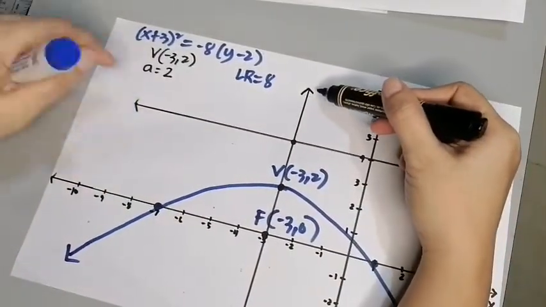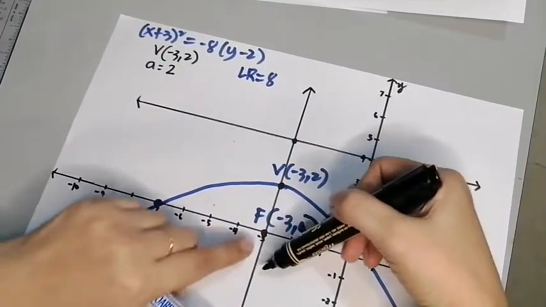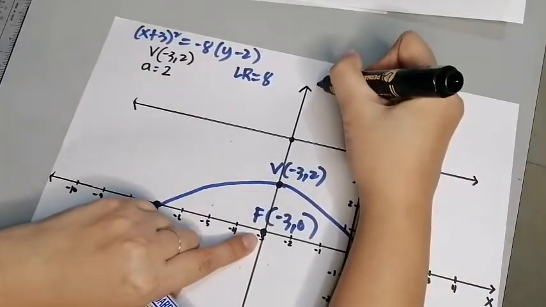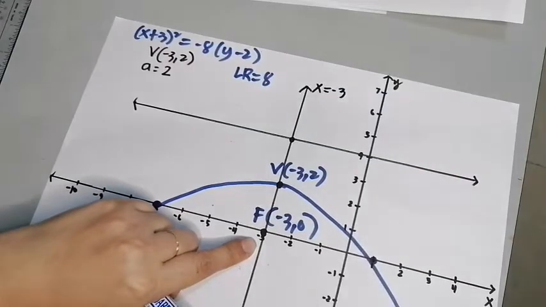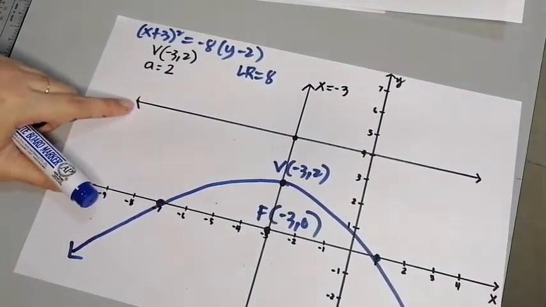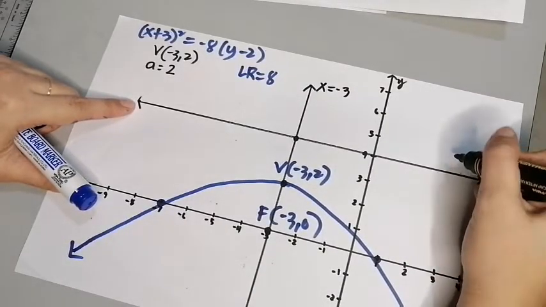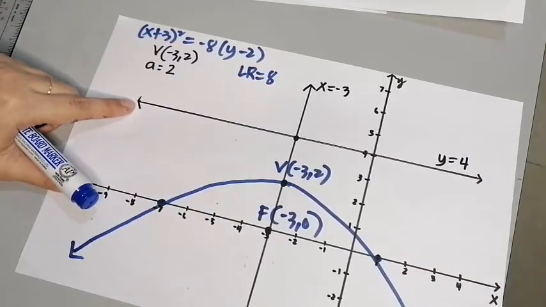What's the equation of this axis? It passes through x equals -3. So therefore, the equation of the axis is x equals -3. What about the equation of the directrix? The equation of this is y equals 4.